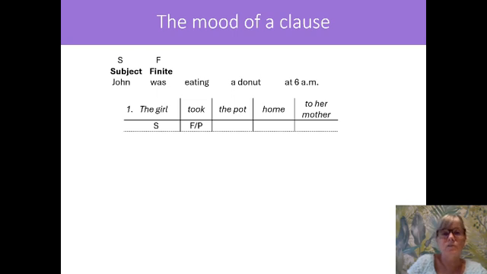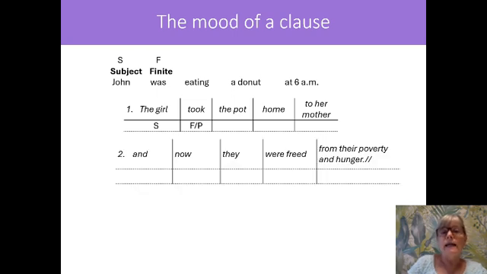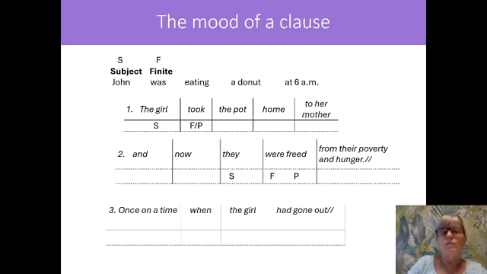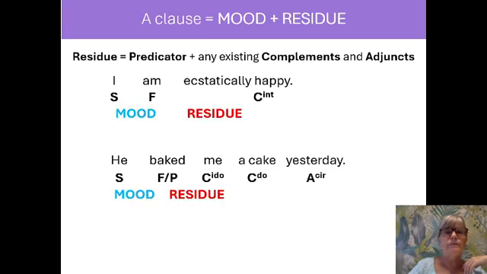So here we see subject is the girl, and now they, subject, were freed. We have a finite and a predicator. Once on a time, when the girl had gone out, finite, predicator. So what we see here is all these declarative clauses, right? Which is very typical of a narrative because I'm telling you something. I'm giving you information.